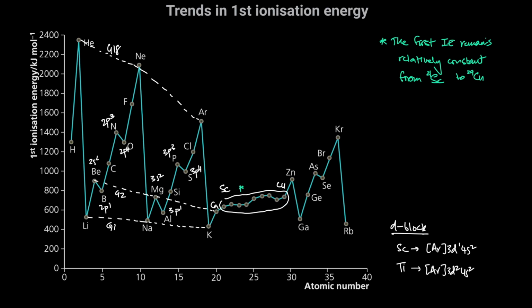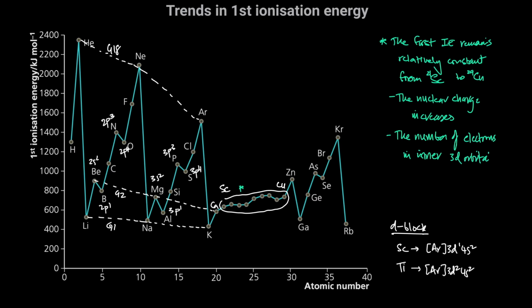However, this increase in nuclear charge is balanced by the increase in the number of electrons in an inner or lower energy d subshell. So we can say that the number of electrons in the inner 3d orbitals, or 3d subshell, increases.